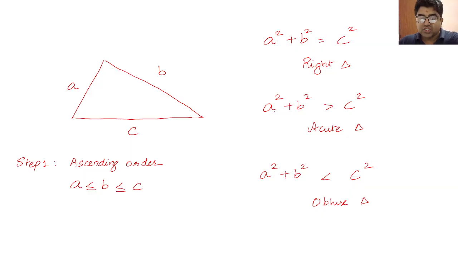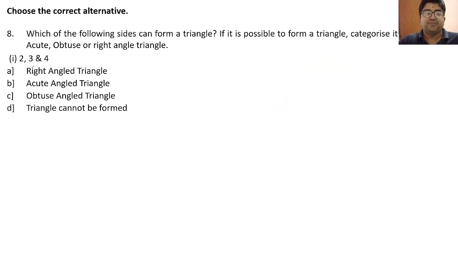The first question we have to consider: 2, 3, 4 is given, and we want to check whether it is a right triangle, acute angle triangle, or obtuse angle triangle, or whether the triangle can be formed or cannot be formed.